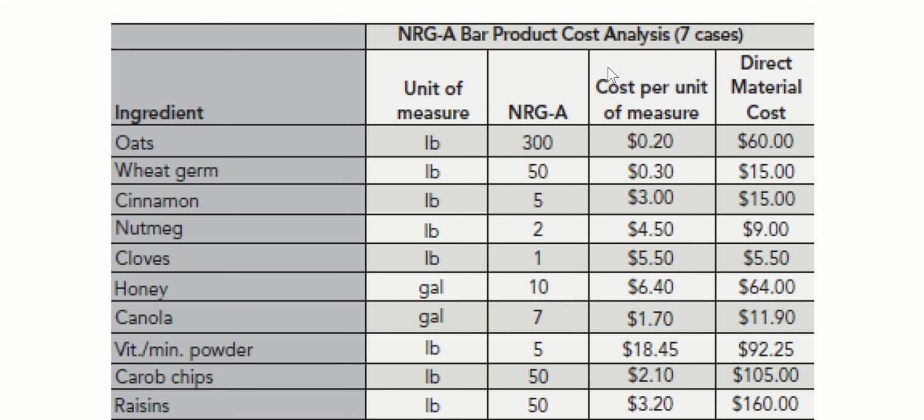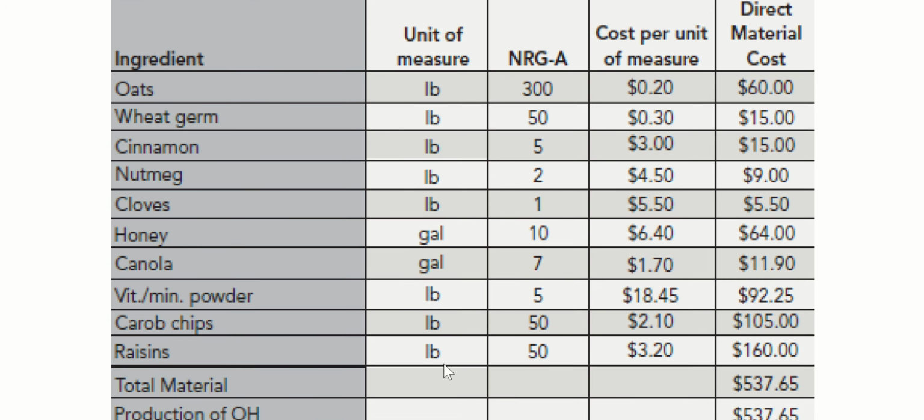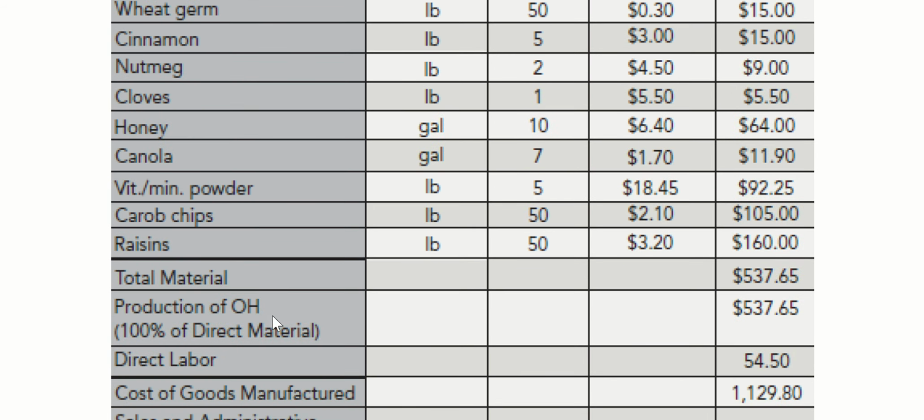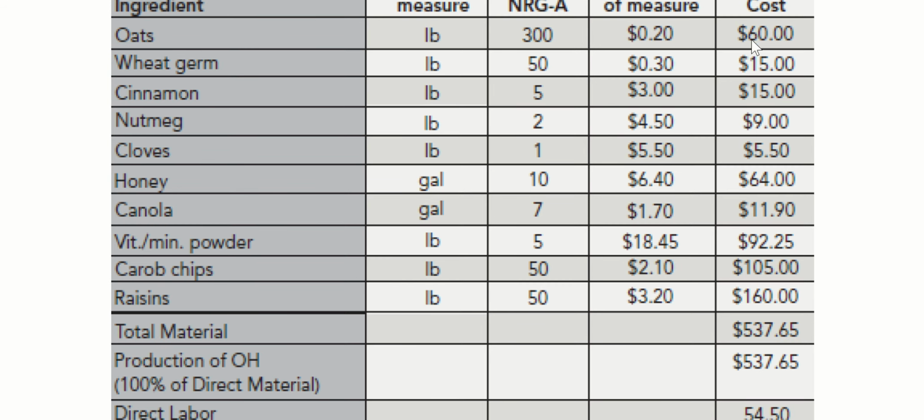So let's see how this company is doing it. Here are all the different kinds of ingredients, and their respective costs are given. First, the total material cost is calculated by summing up all these items from oats to raisins, and you get $537. Then production overhead.